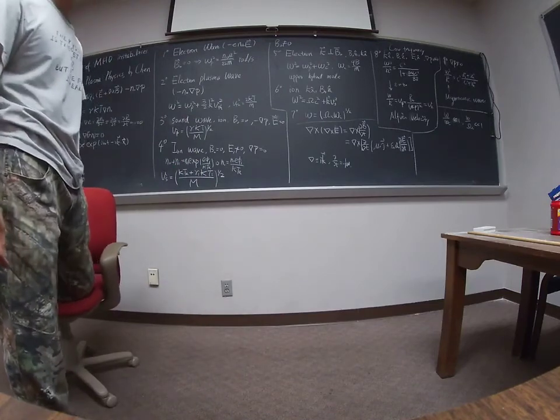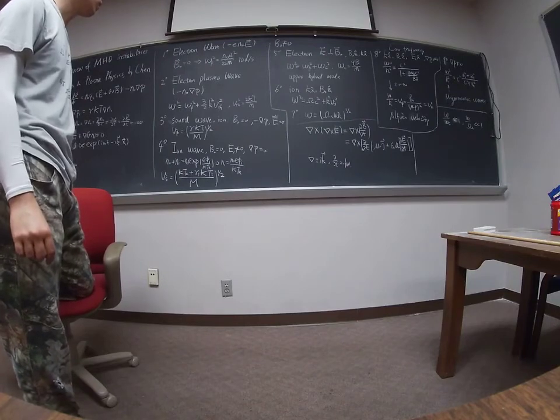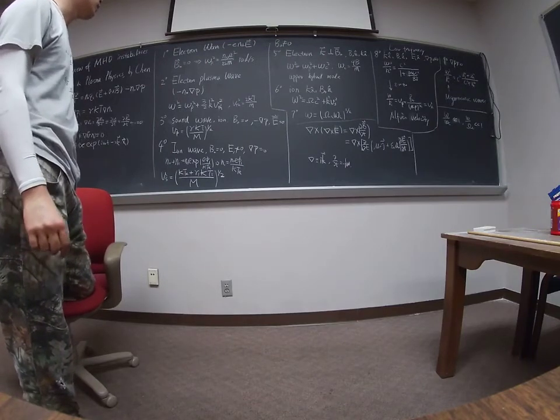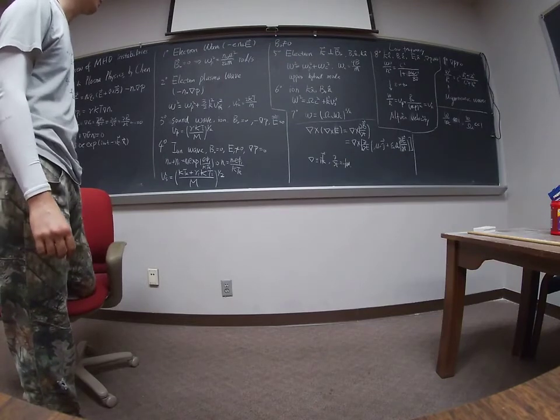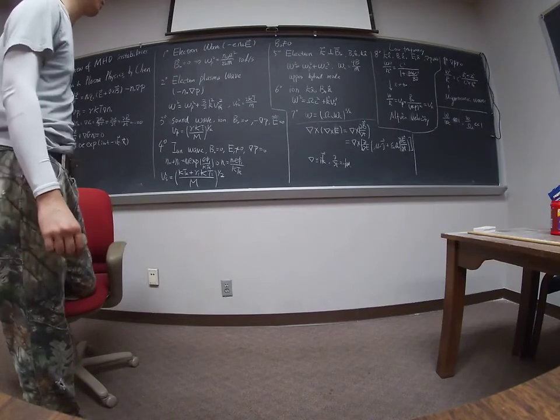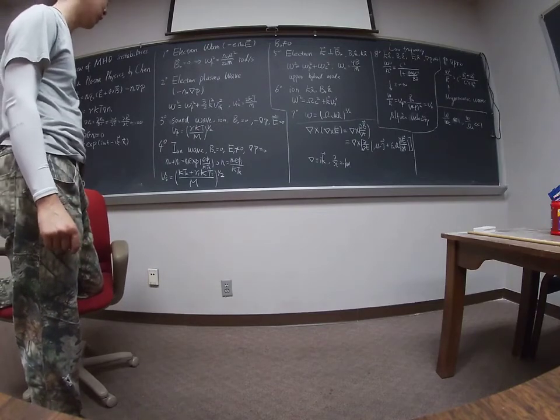If you excite it, it will just excite to that specific frequency. And if you add a temperature factor to it, you will basically have the plasma frequency competing with the thermal motion.